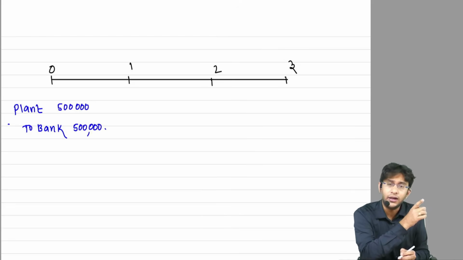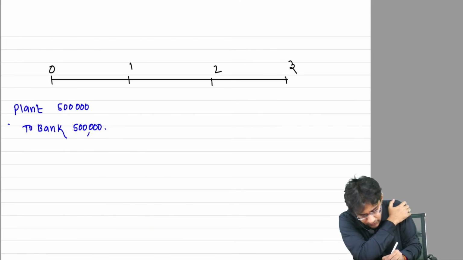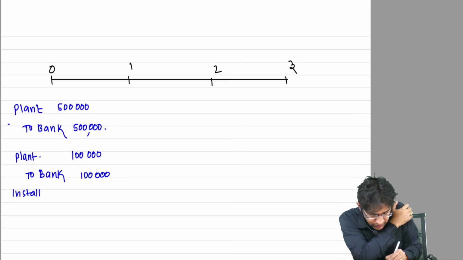Now I incurred some installation expenses also of, let's say, 1 lakh rupees. Installation expenses also have to be capitalized. So plant and machinery account debit to bank 1 lakh. This is for installation expenses.